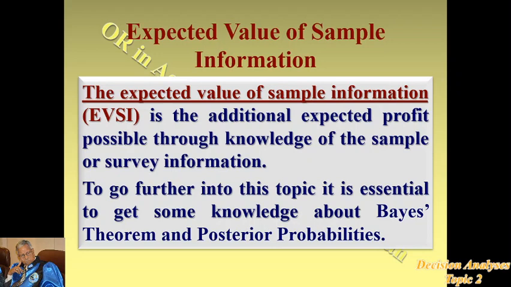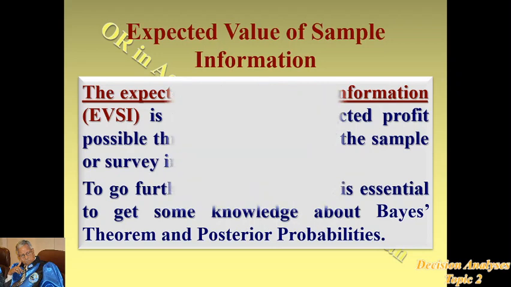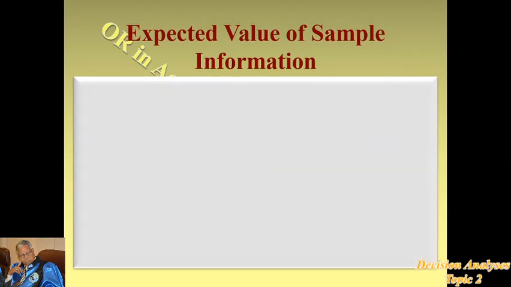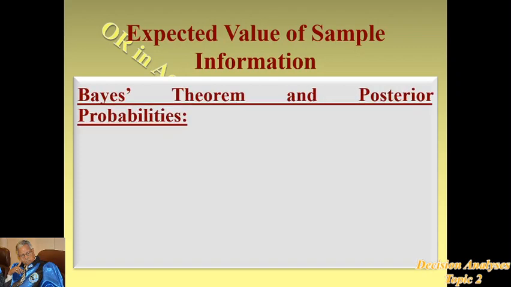So let us first understand what we mean by Bayes' theorem, and what we mean by the posterior probabilities, and can we get it, and how we get it?